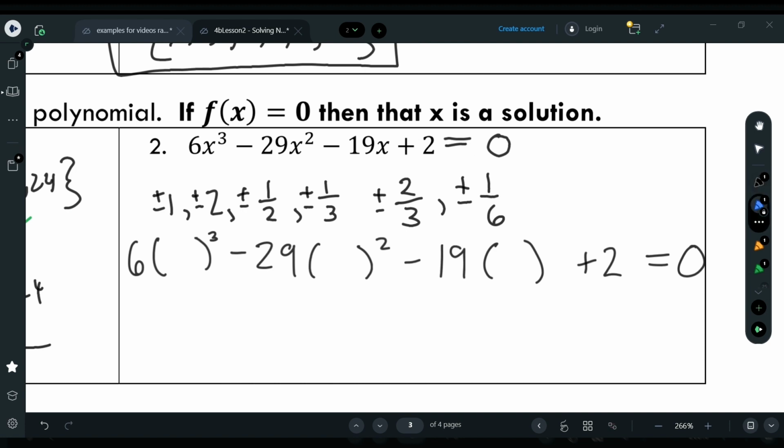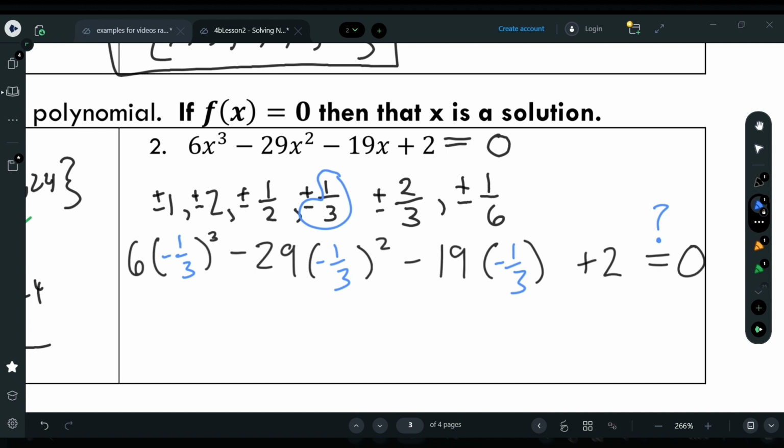So pick a number. Any number, it doesn't really matter where you start. Maybe we'll start with, hey, look, we could start with this, -1/3. Let's start there. So we'll plug in -1/3 for each of these. And then this is a question mark here. We want to know, is it equal to 0? If it is, we found a solution. Let's go ahead and check.